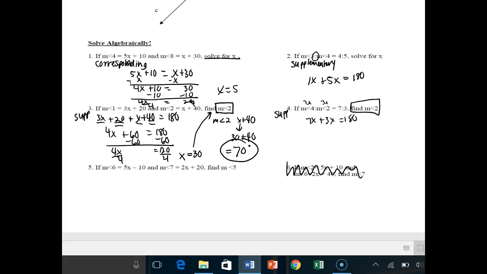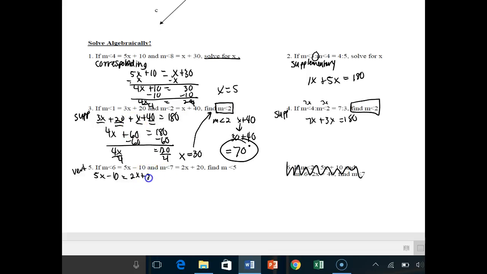All right, and the final one, number 5. We'll probably go over this in class as well, but this is a pretty tricky problem. So first of all, angles 6 and 7 are vertical, so we can set them equal to each other. So we can say 5x minus 10 is equal to 2x plus 20.